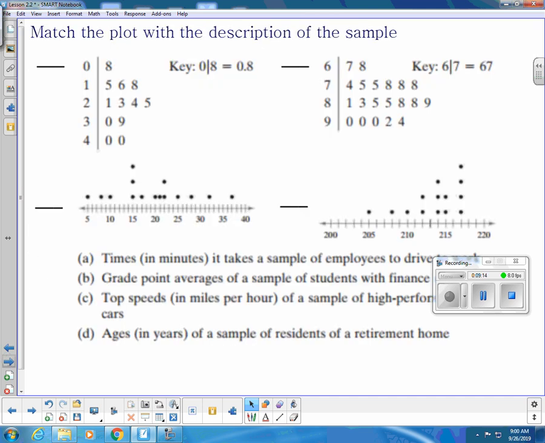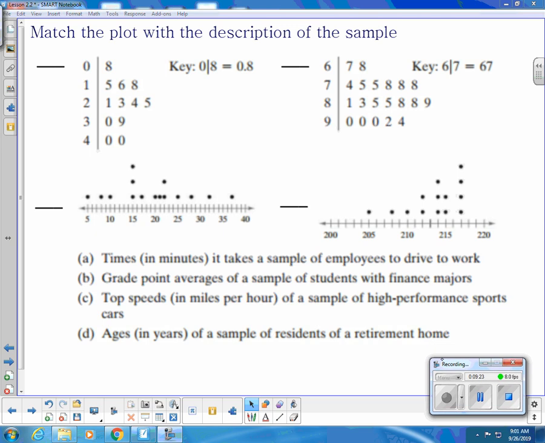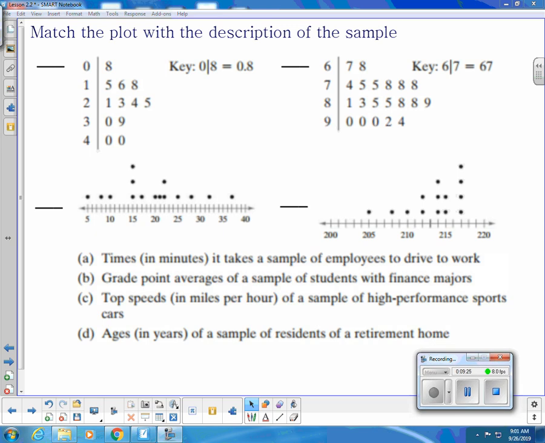All right, so here's some practice questions. Let's match the plot with the description of the sample. So times in minutes it takes for a sample of employees to drive to work. Well, which one of those looks like times that you would drive to work? And this would be in minutes.